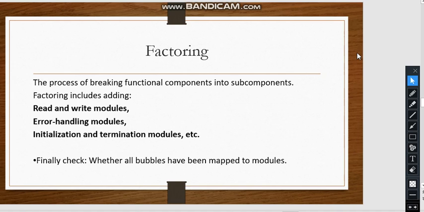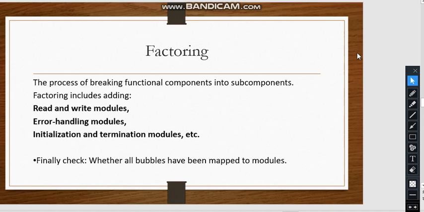And the transform analysis is like if all the inputs are coming to the single bubble that represents the process, then we apply a transform analysis, and the transform analysis is normally applicable at the lower levels of the DFD model.